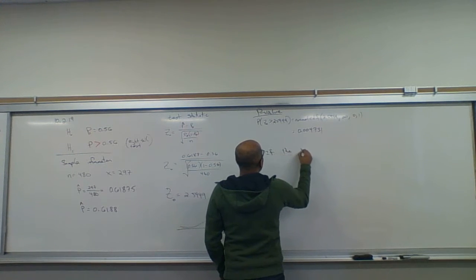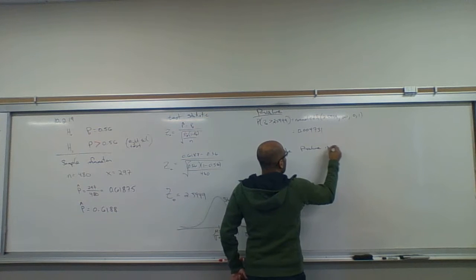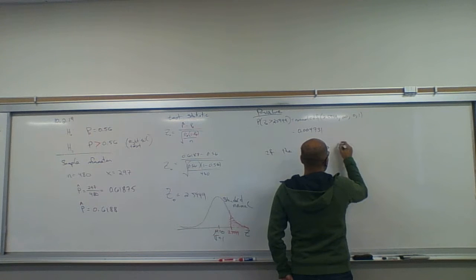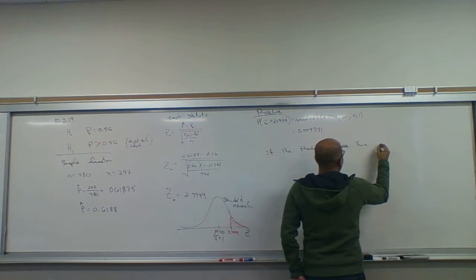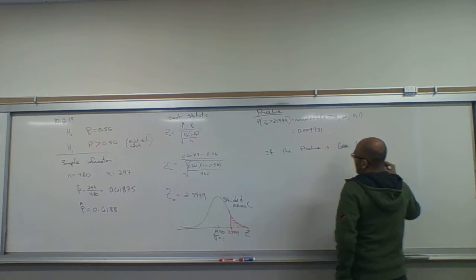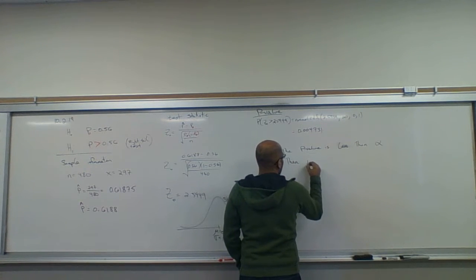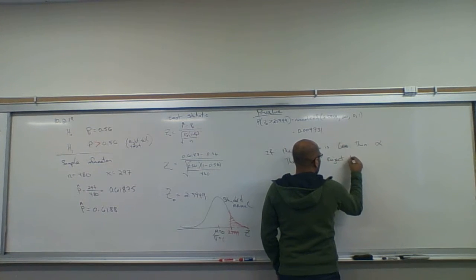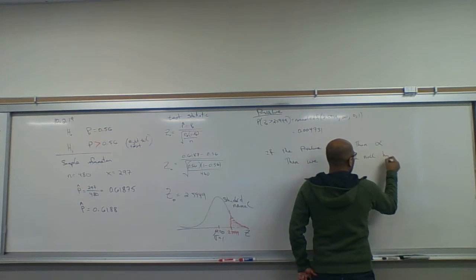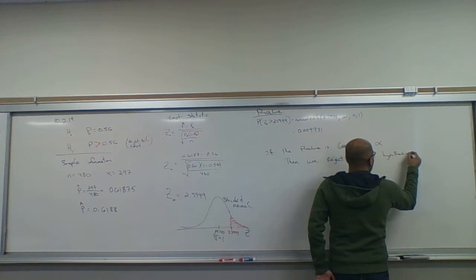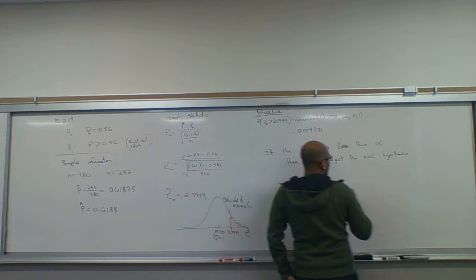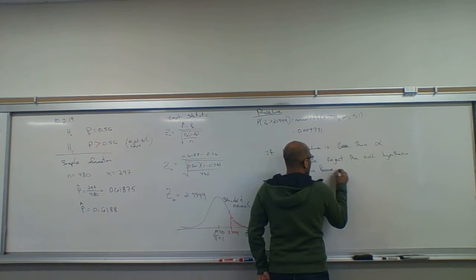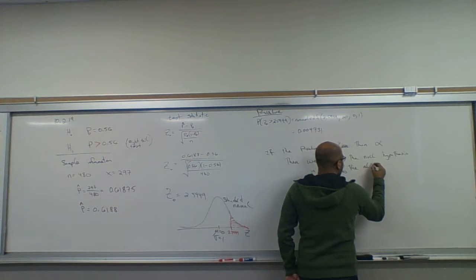If the p-value is less than alpha, then we reject the null hypothesis in favor of the alternative.